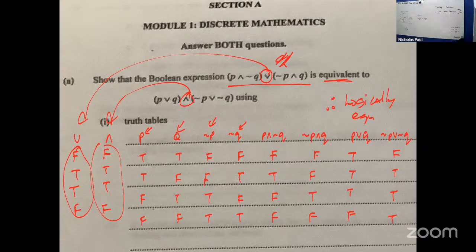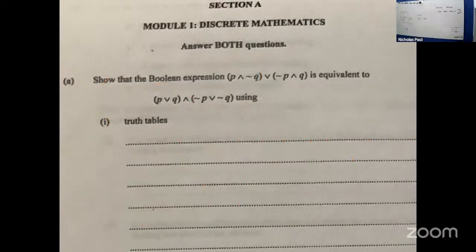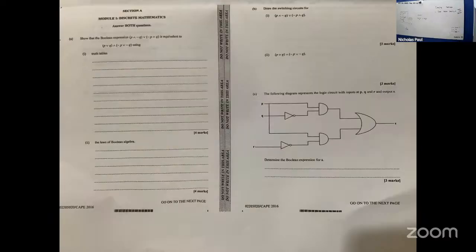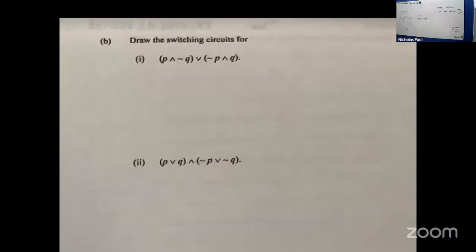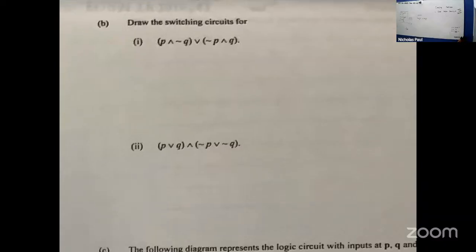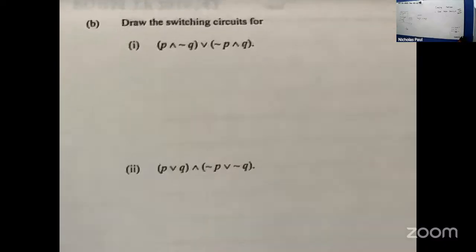Right, next one. You want to switch in circuits for those? Take your time. If you see a negation, so it's like how we had a switch like this, instead of writing P, just write negation of P. That's all, right? Try that first.